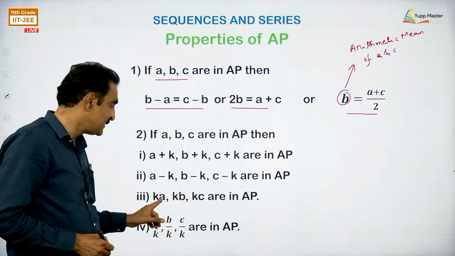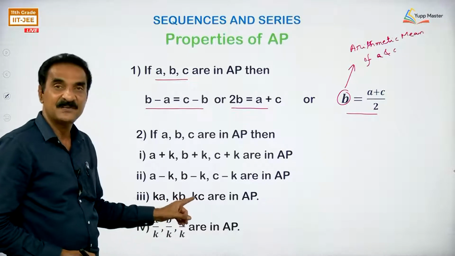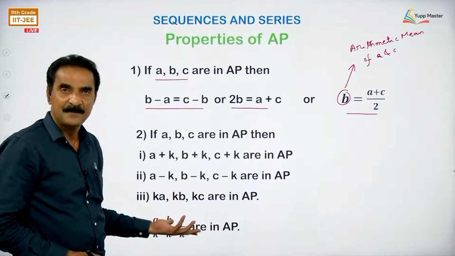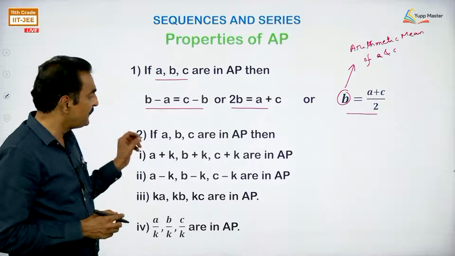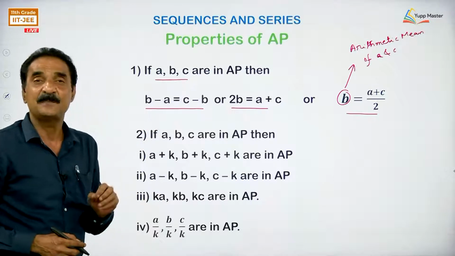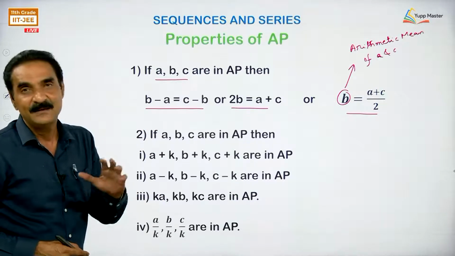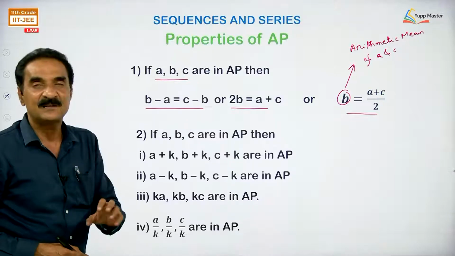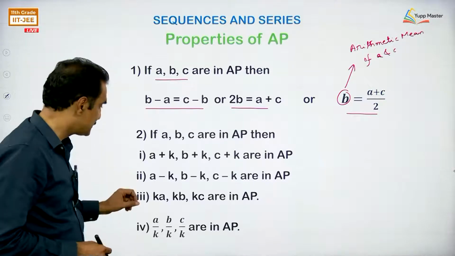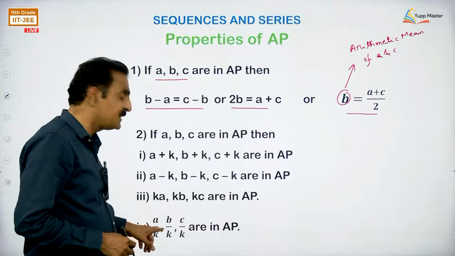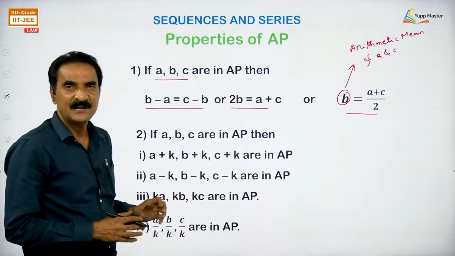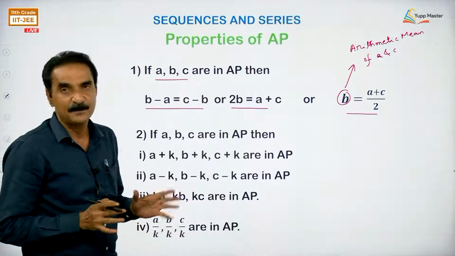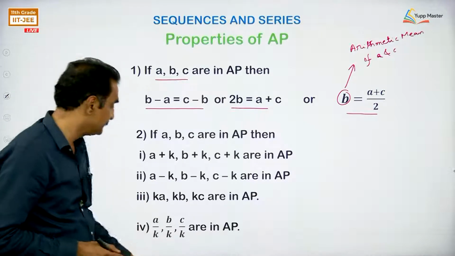So the difference between first and second is equal to the difference between second and third. That means it is an AP, but the common difference will change. So, if every term of an arithmetic progression is multiplied by a fixed number, then the resulting series will be an arithmetic progression. Next, if you divide every term by K, a fixed number, then also the resulting numbers will form an arithmetic progression. Alright.